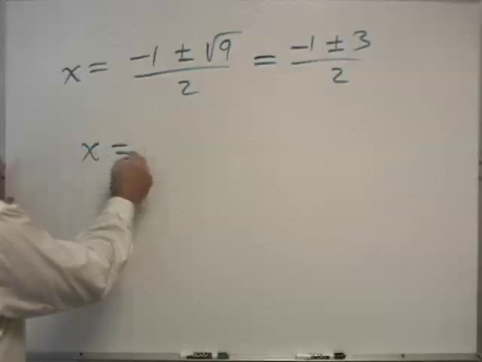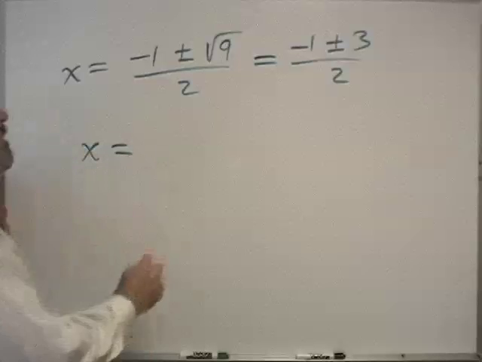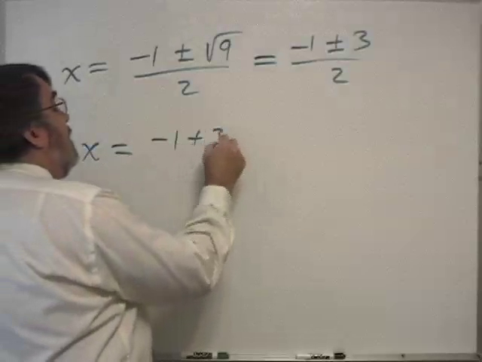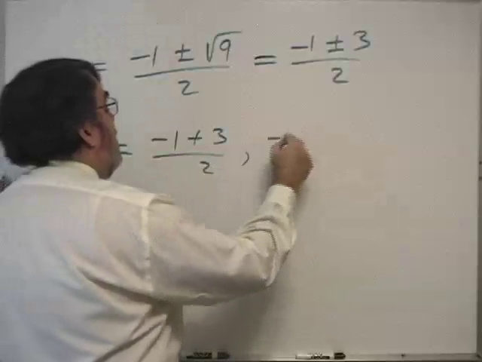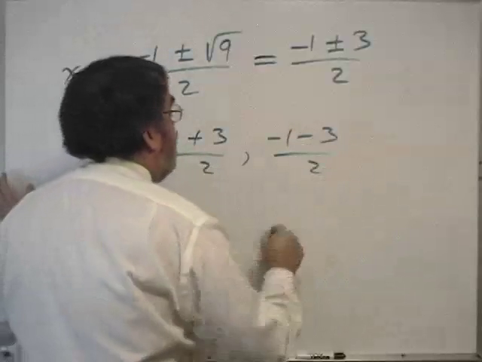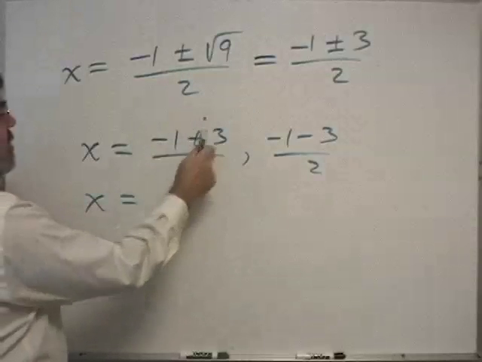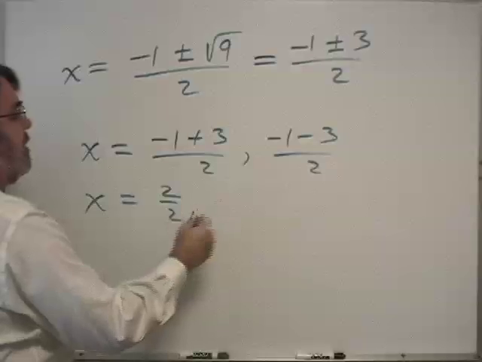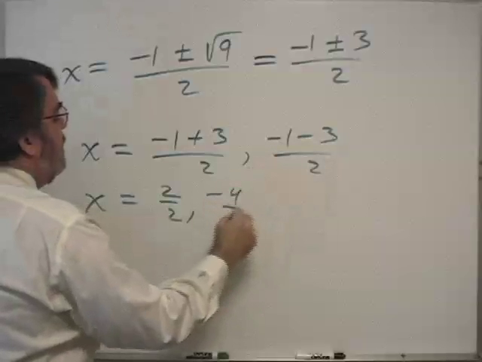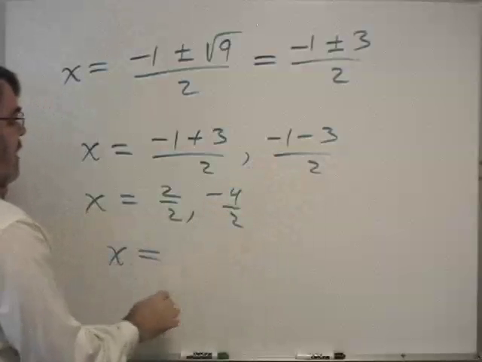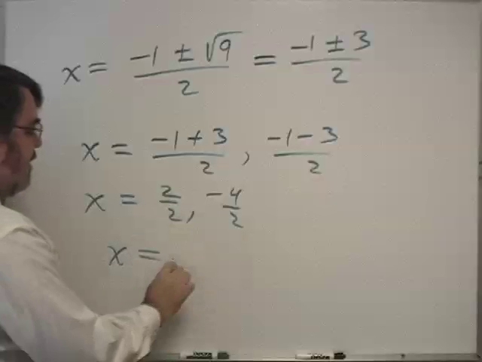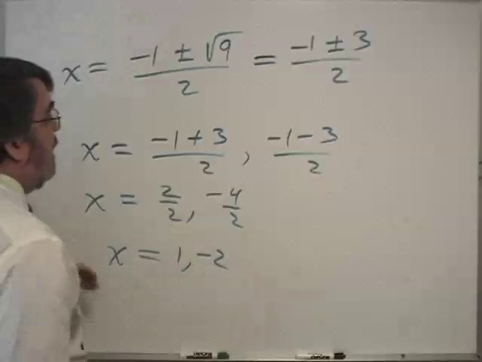So let's write out both answers. It's negative 1 plus 3, all over 2, and negative 1 minus 3, all over 2. And so this gives us negative 1 plus 3 is 2, 2 over 2, and negative 4 over 2. So our answer, simplifying these fractions, would be 1 and negative 2.